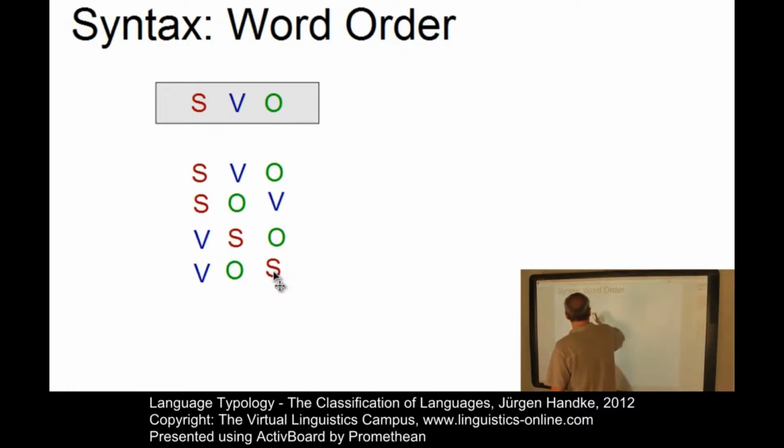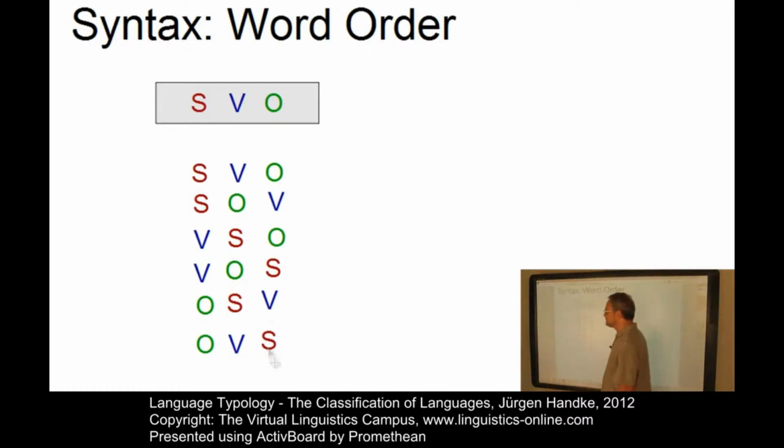And it's also imaginable that languages start their sentences with objects, then the subject, and then the verb, or they have a structure where the object is followed by the verb and then the subject. In fact, all 6 theoretically possible types are used in the languages of the world.